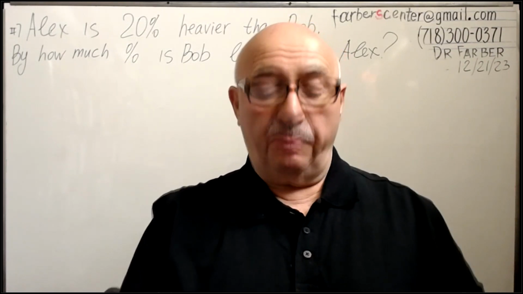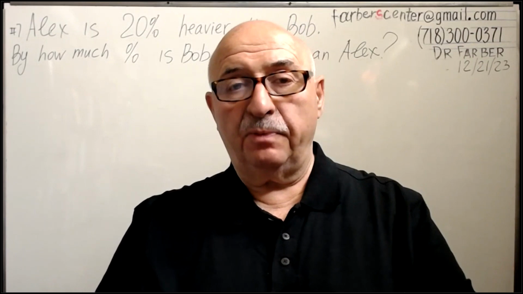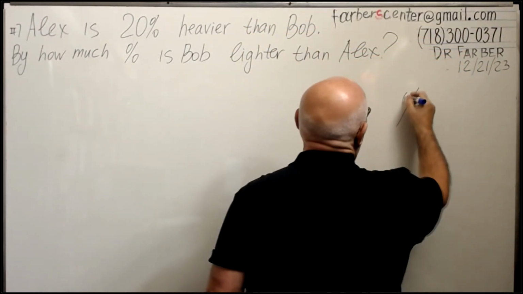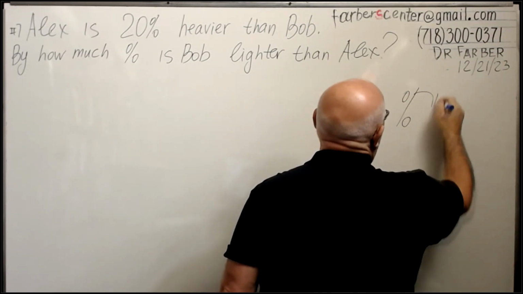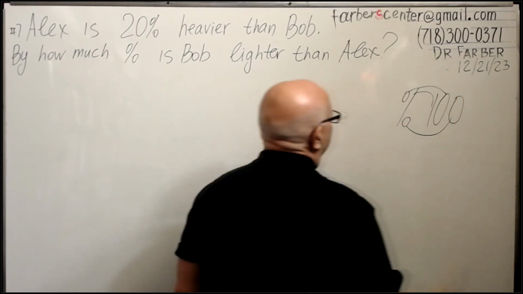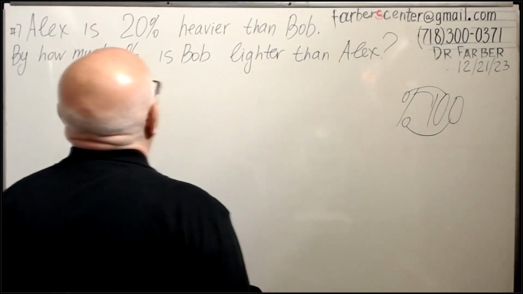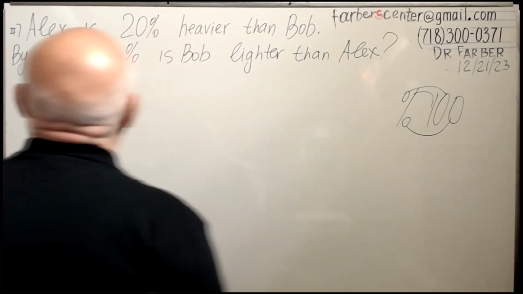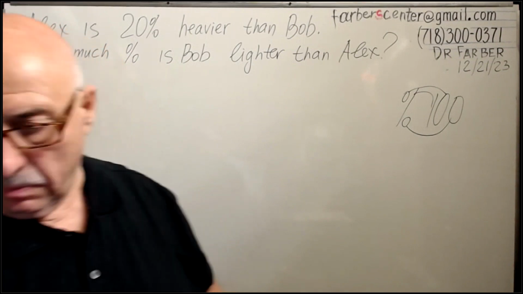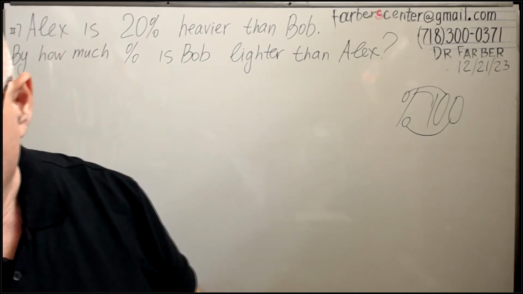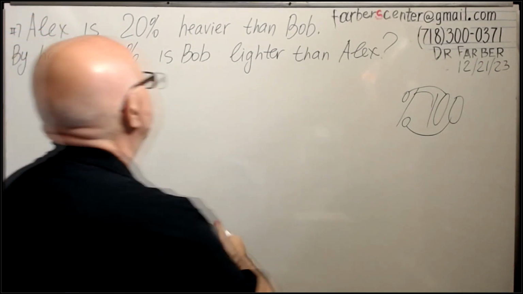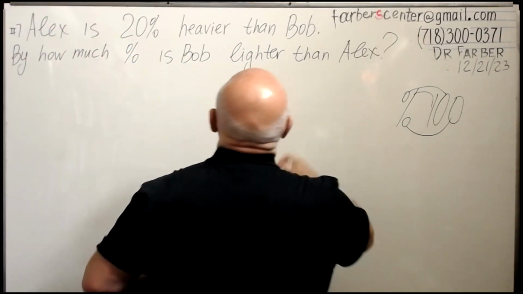If you remember how people invented percent, percent is actually what? This is 1, this is 0, and this is 0. It's 100, right? Percent. So 100 is a convenient number. Let me use red color probably. Since I don't know their weight, I choose a convenient number to operate with. Let's say Bob is 100 pounds.